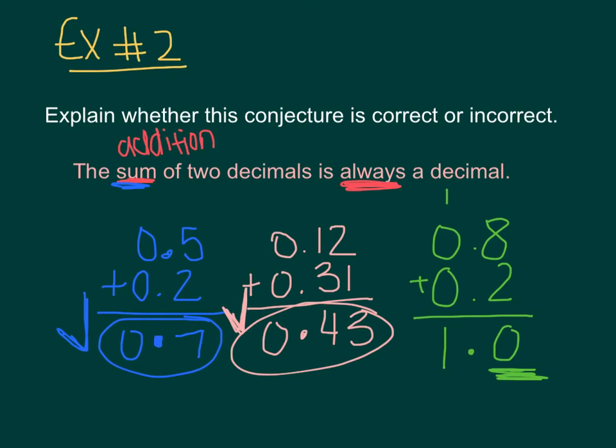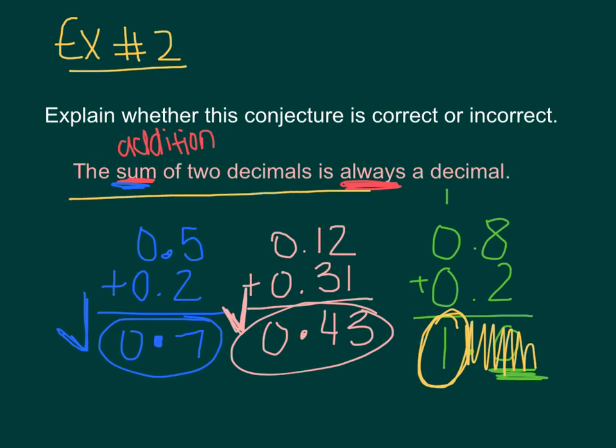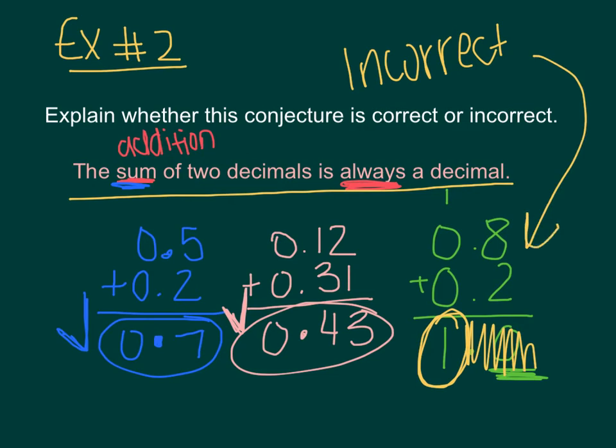So really, my answer is just 1. And 1 is a whole number. So we just proved this to be incorrect. Because when we added 8/10 and 2/10, we got 1 whole. So this is incorrect. And we would use this problem as our explanation.